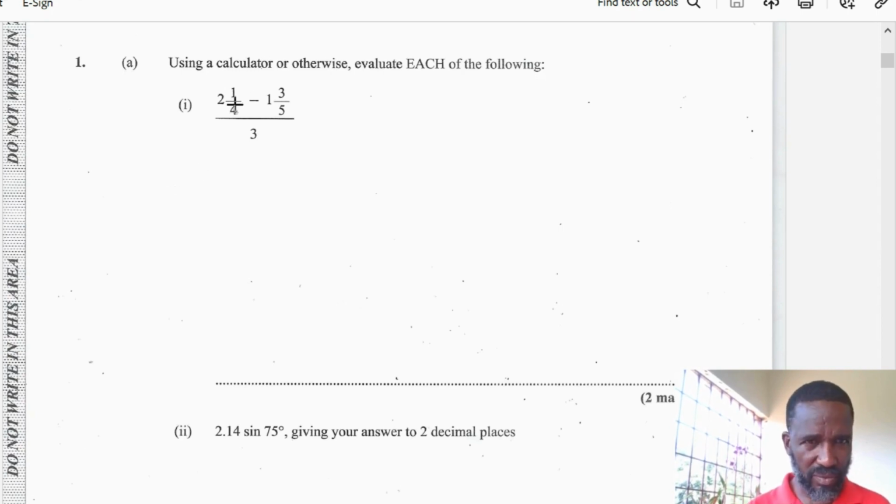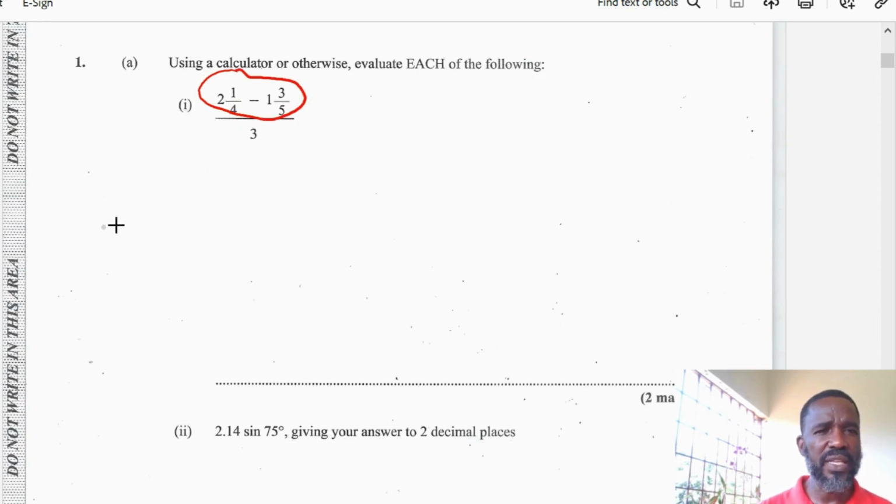Let's go. Using a calculator or otherwise, evaluate each of the following: 2 1/4 minus 1 3/5, divided by 3. For the first part, we are going to take this part of the fraction, which in this case is the numerator, and convert each of the fractions in the numerator to an improper fraction.